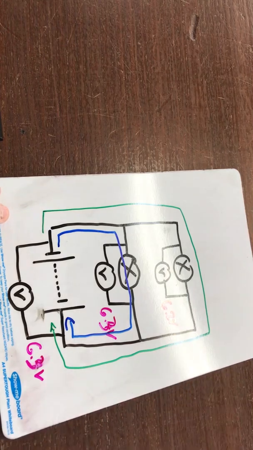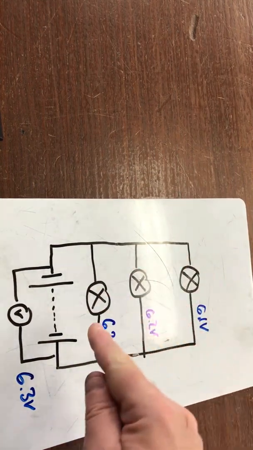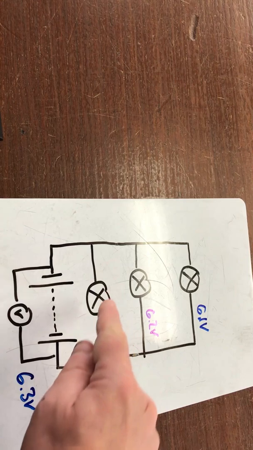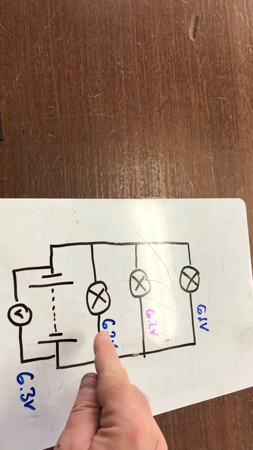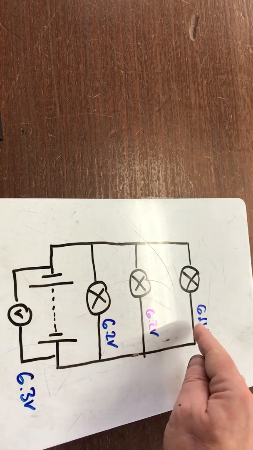push electric current through. So to check this, I've added a third lamp in parallel. So there's 1, 2, 3, and I've left the voltmeters off now just to make the diagram a bit easier to see. But you can see that the power supply is giving 6.3 volts of potential energy. So 6.3 volts of electrical energy is going through here. And we've got 6.2 used in this lamp, 6.2 in this lamp, and 6.1.